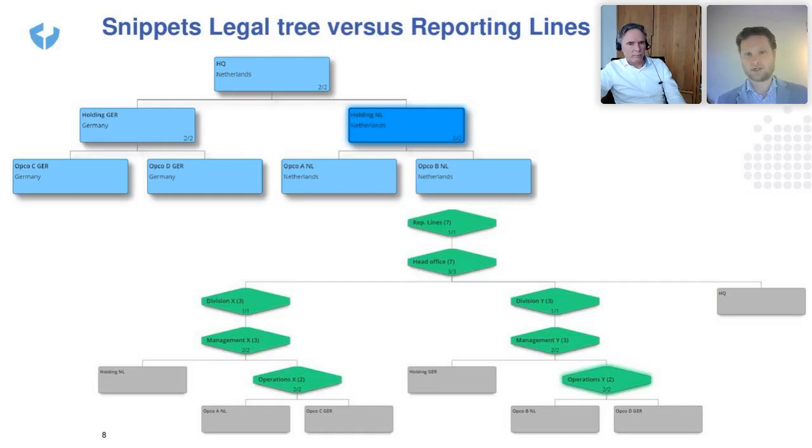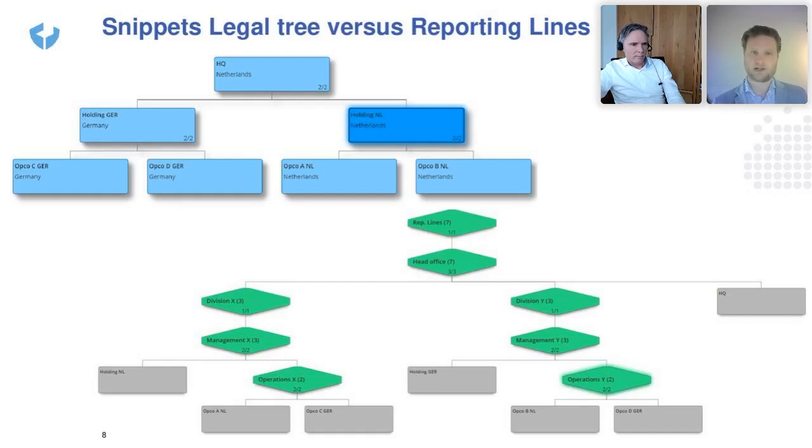So if we go to the visualization below, we see a label management structure built with label management, starting with reporting lines, then indicating the head office, which is HQ on the right side. Then we see in this structure two divisions, X and Y.